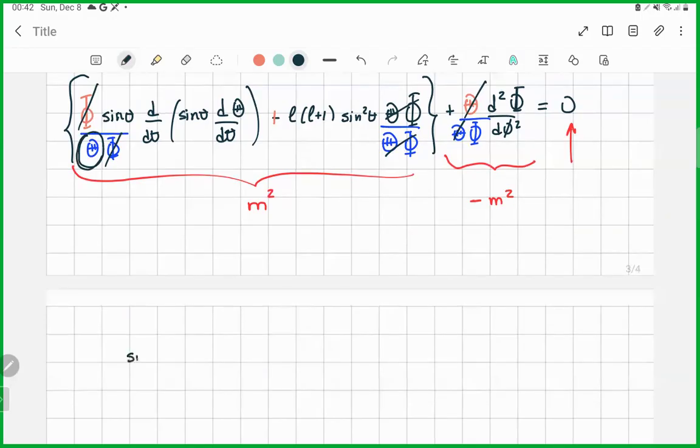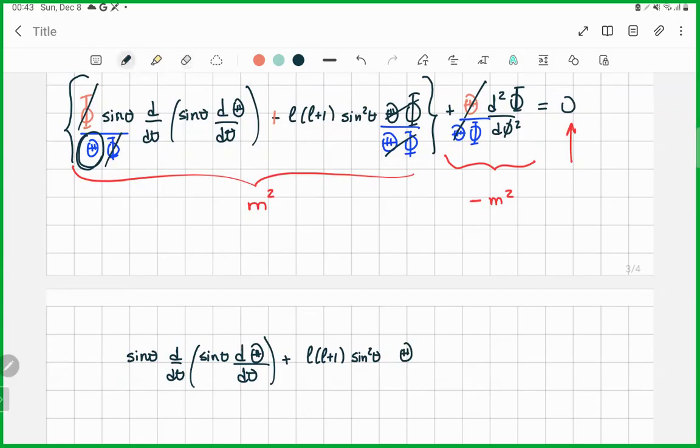So the equation becomes sine of theta, the derivative of sine of theta times the derivative of that function of theta, then plus L(L plus 1) sine squared of theta, all that multiplied by the function of theta.